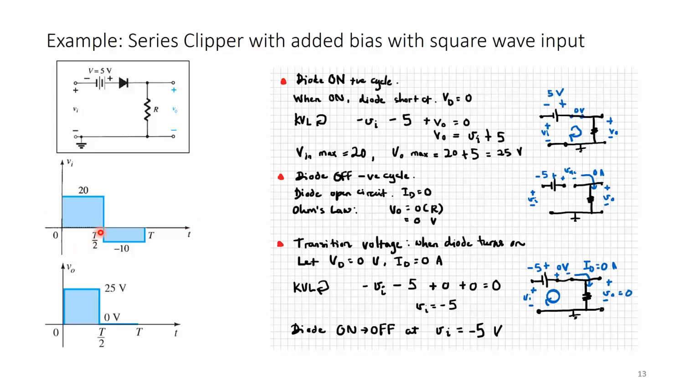So we're going to have the same T/2 occurrence between on and off, but now instead of 20 to negative 10, we have it going from 25 to 0 volt. We have clipped the negative cycle and we have shifted the maximum value with the added bias.